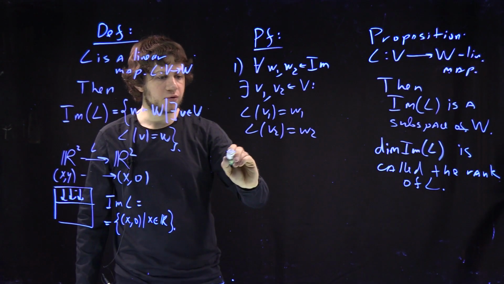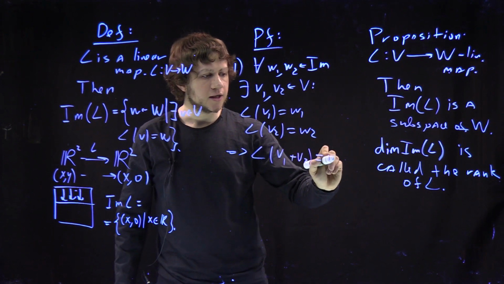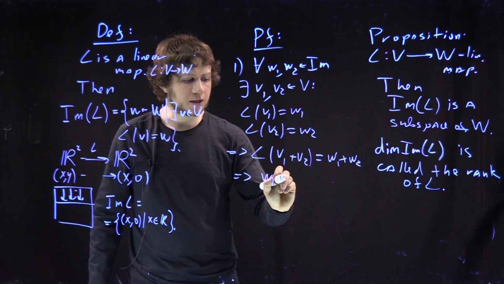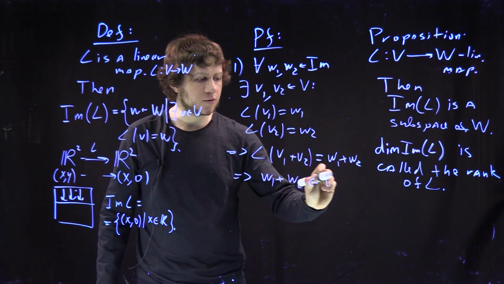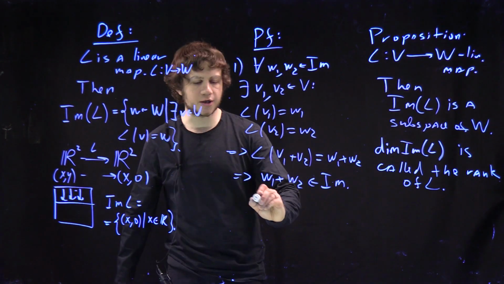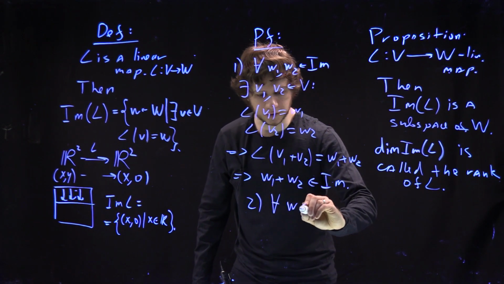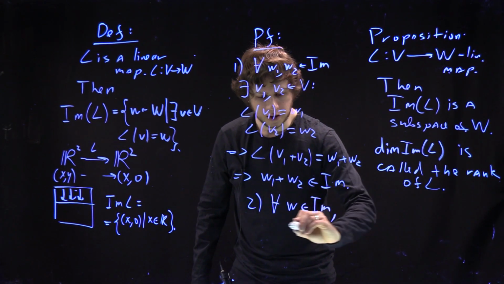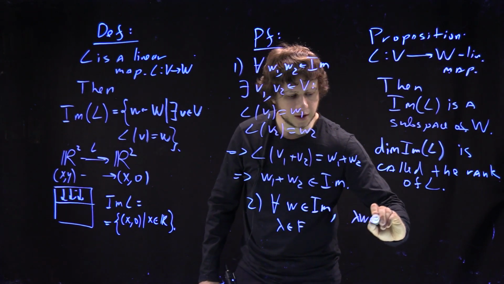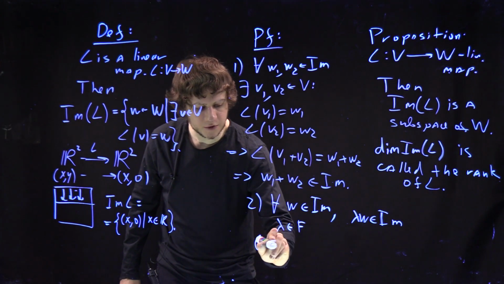Then we can sum them up, and using linearity, L of V1 plus V2 equals W1 plus W2, so W1 plus W2 is in the image. So the sum of two vectors in the image is in the image, and similarly, for every W in the image and lambda in F, lambda W is in the image.